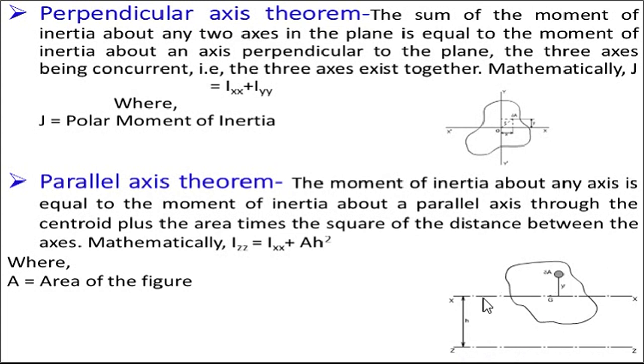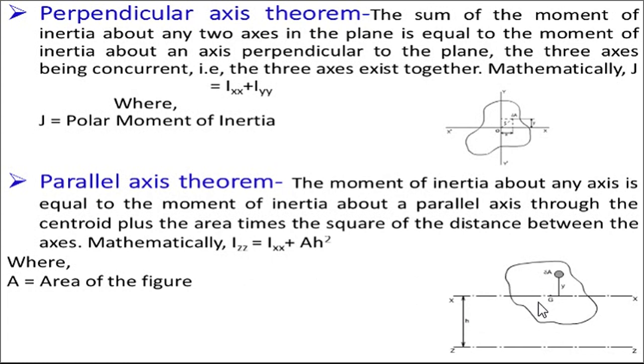At that time you can see this xx line or x axis is passing through the G. G is the centroid of this body or of this plane, and small h is the distance between these two axes. Capital A is the area of this whole plane or area of this particular figure or body, and mathematically it is shown that Izz is equal to Ixx plus Ah square.